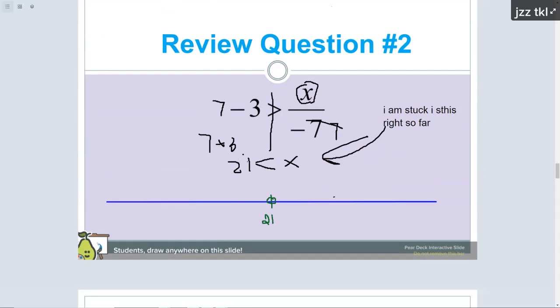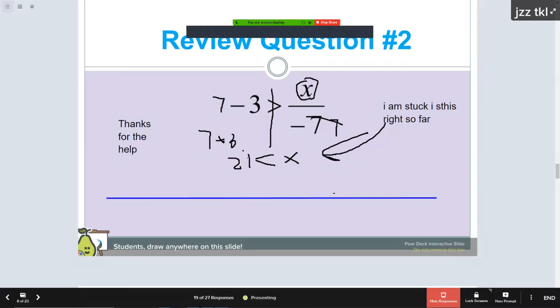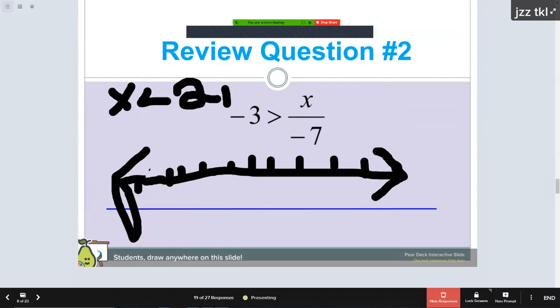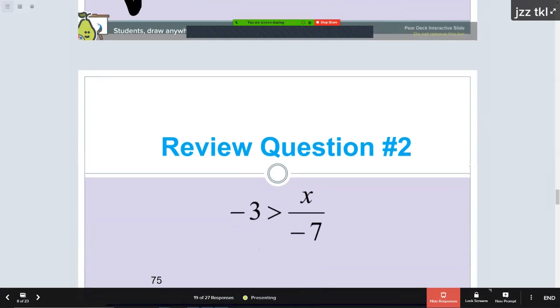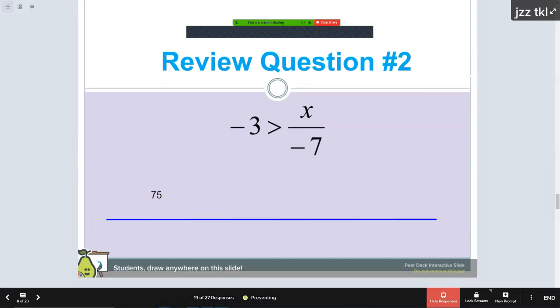And then because the mouth is eating the x, you're going to shade to the right. And that's it. That was all you were missing. This was the hard part, all the math. A lot of students struggle to remember when to shade which way, and we're moving on from inequalities next week anyway.